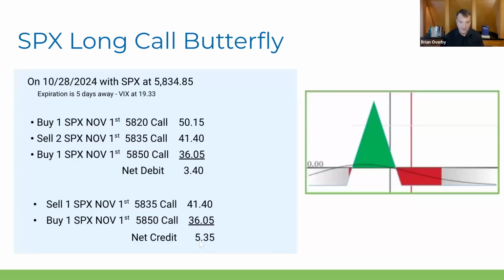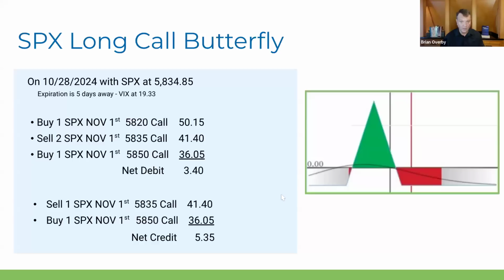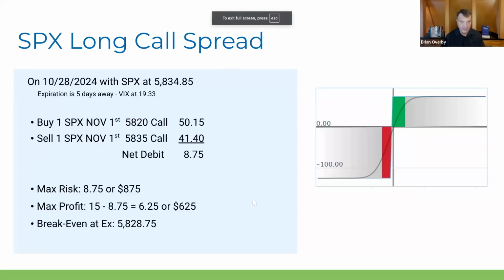So if the market goes against us and we're losing on our long call spread, this spread would be trading somewhere close to around $4 on this trade overall.